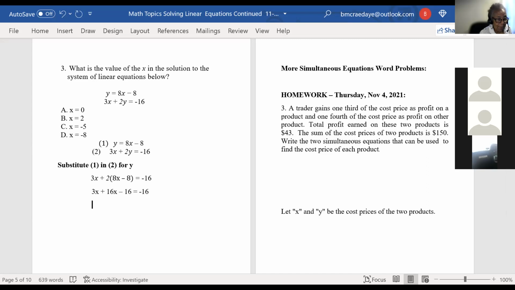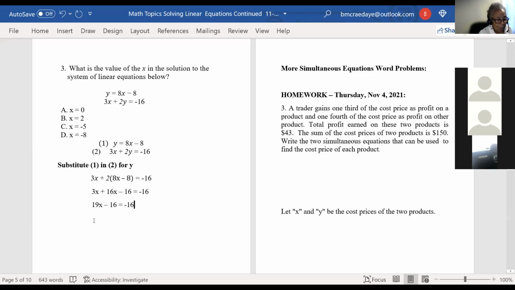Combine like terms. 3x plus 16x is what? 19x. So I have 19x minus 16 equal to minus 16. Then what do I do next?